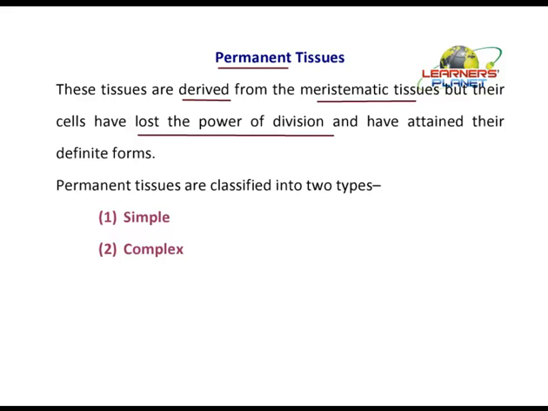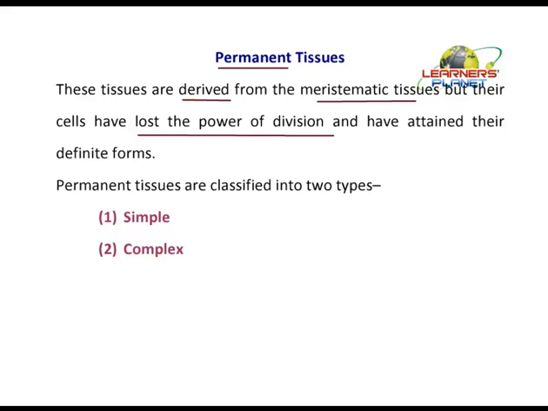Then comes the vacuole. The vacuole is either absent in meristematic tissue or so small and few in number. But in permanent tissues, a large vacuole is present. You remember the function of the vacuole? It is the storage of various food material or other components. Now, if the vacuole takes the maximum part of the cell, what will happen to the nucleus?